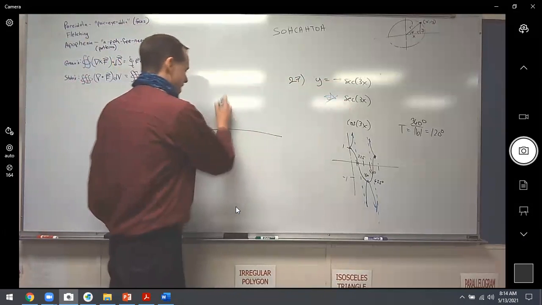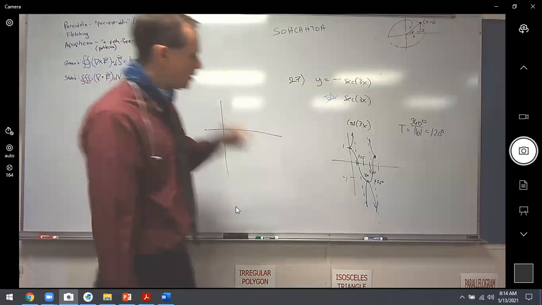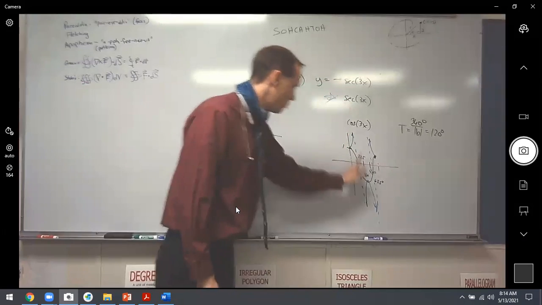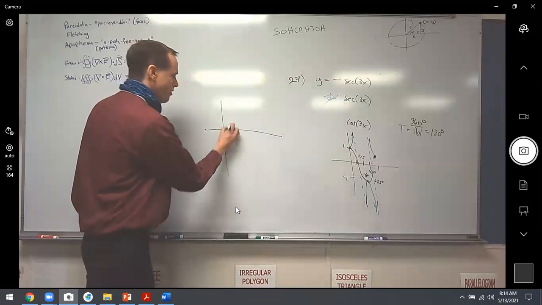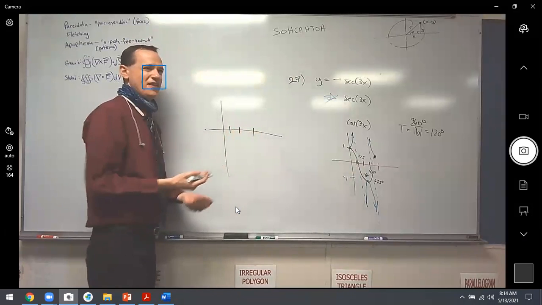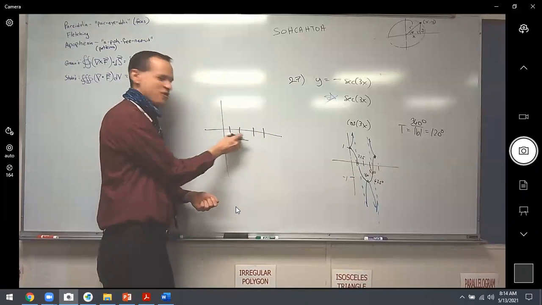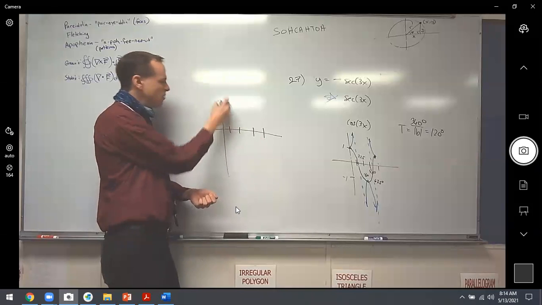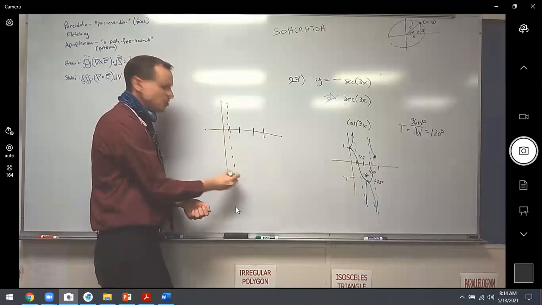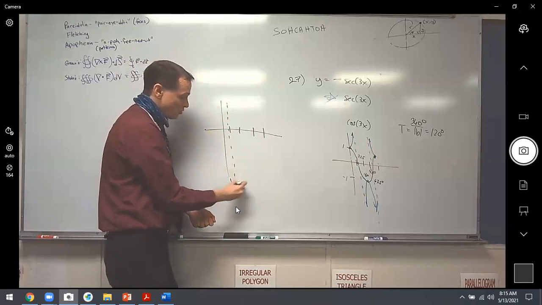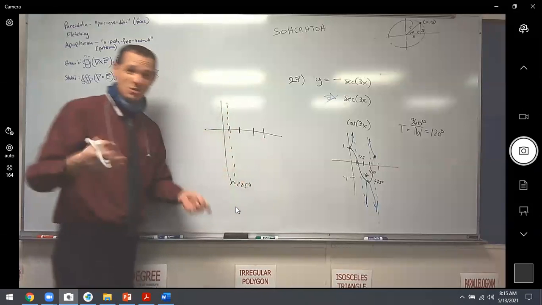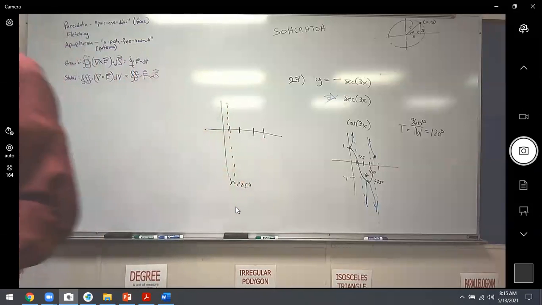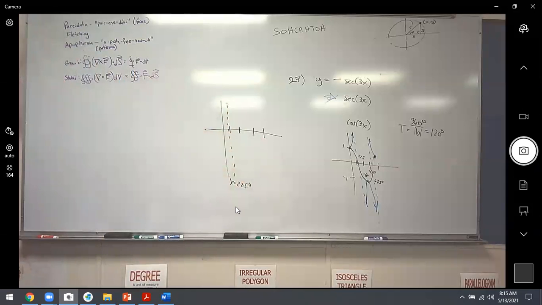Here we go. What's going to happen on my paper? Well, there's a vertical asymptote at 22.5. Where is 22.5? That's kind of hard to spot, isn't it? Because these go up by 30s, don't they? So a little bit over here. This is kind of why you also want to write down what the vertical asymptote is, because it doesn't always land on a tick mark sometimes. So this time it doesn't.